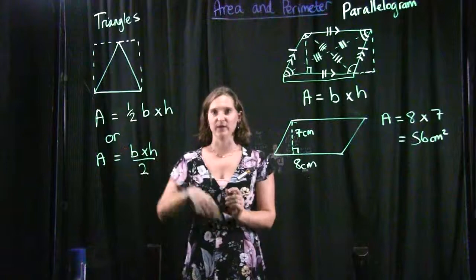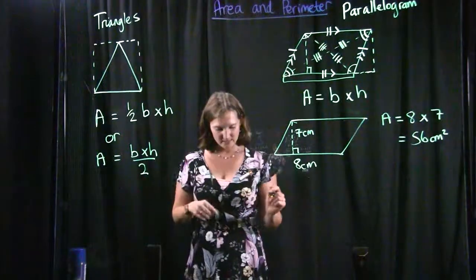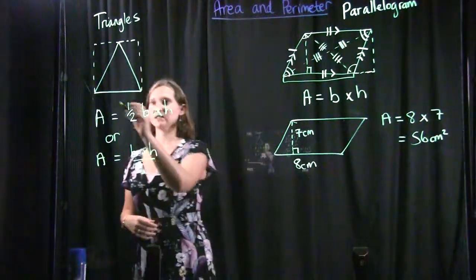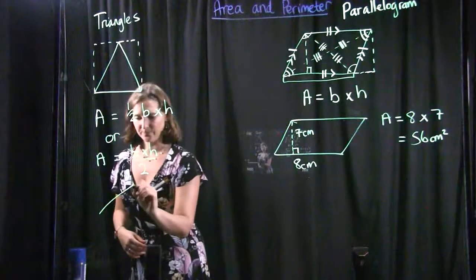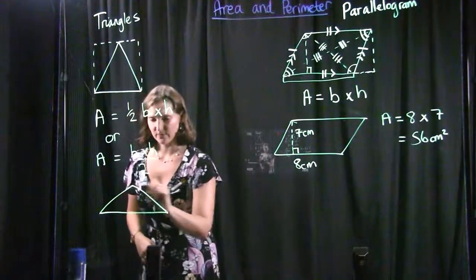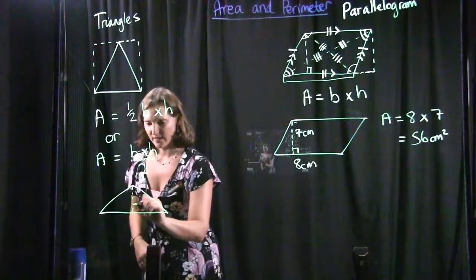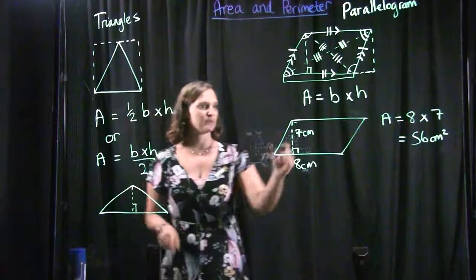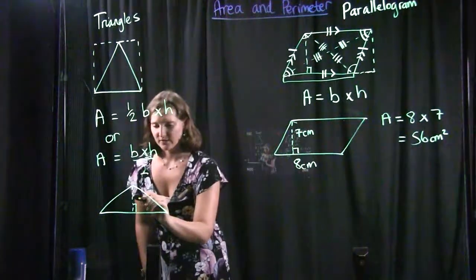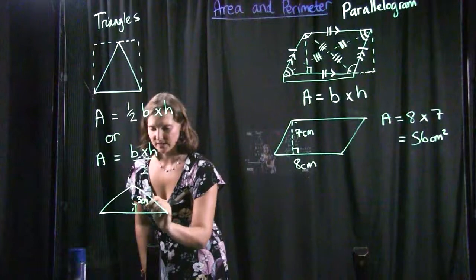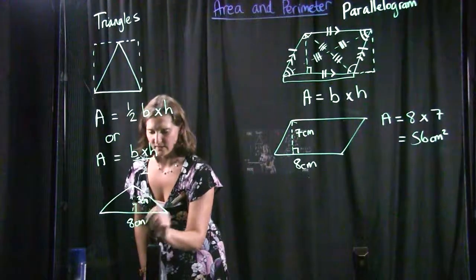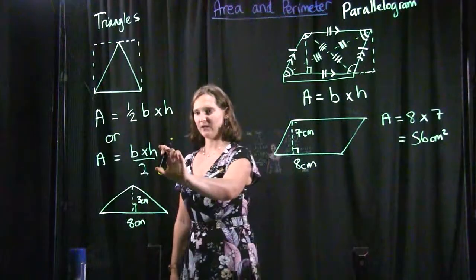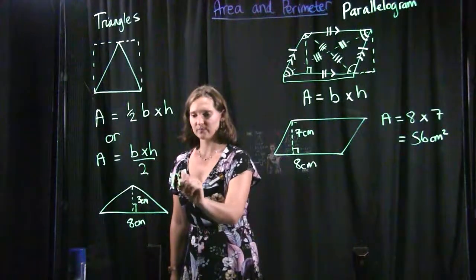Let's use this bottom one for an example. So let's say our triangle was 3 centimeters. Let's do one down here. Slightly more difficult shape. So we've got, again, this height measurement like we had in here. So our height's going to be 3 centimeters, and our base is going to be 8 centimeters. So we know that this is our area equation.